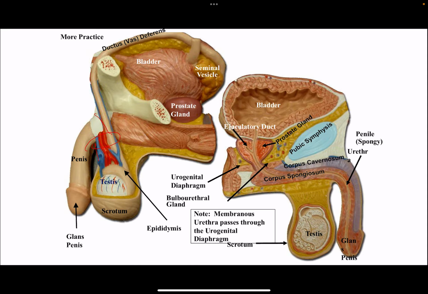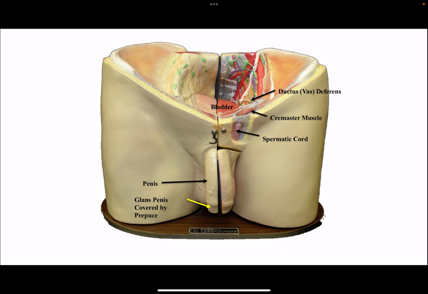You will be able to see that everything together we call a spermatic cord. So this one, spermatic cord. Cremaster muscle surrounding that spermatic cord. So this is a cremaster muscle.